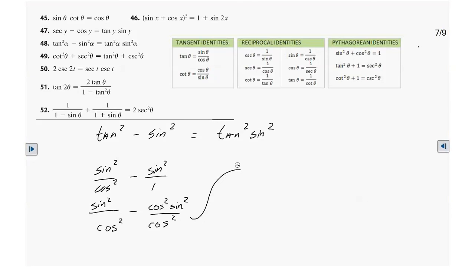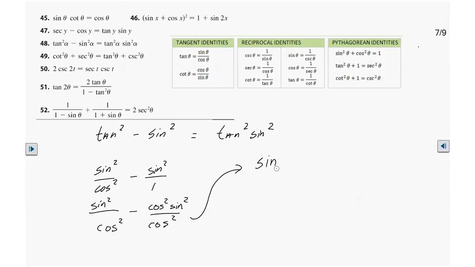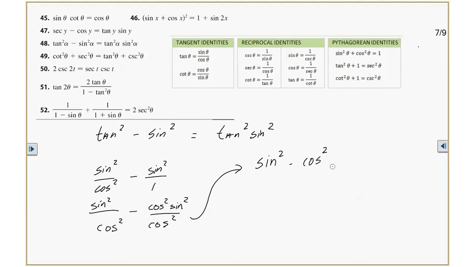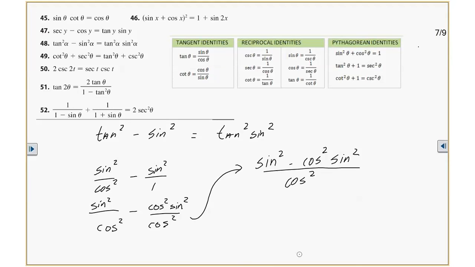So now we've got, I have no idea if this is the way we need to go, but I'm doing it that way. Sine squared minus cosine squared sine squared over cosine squared, right? That's what I've got so far.